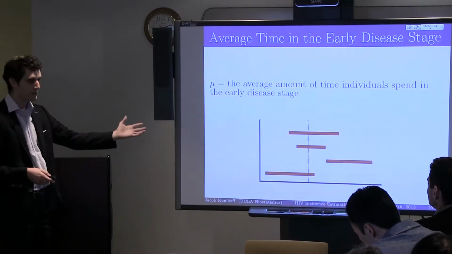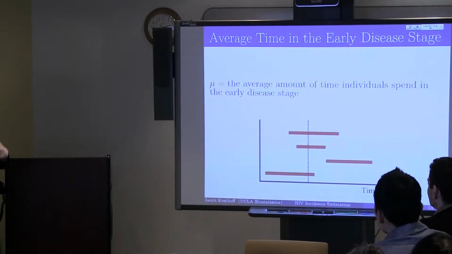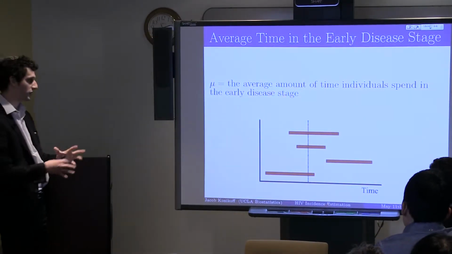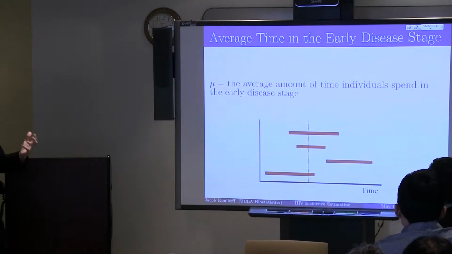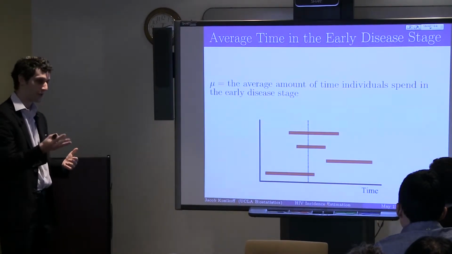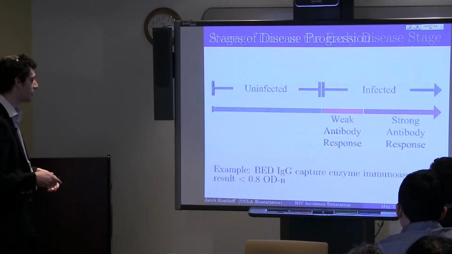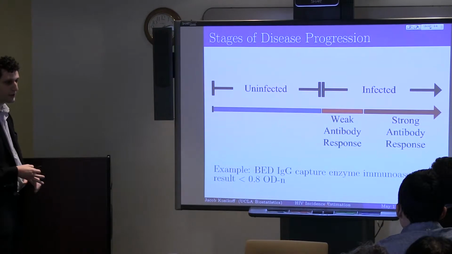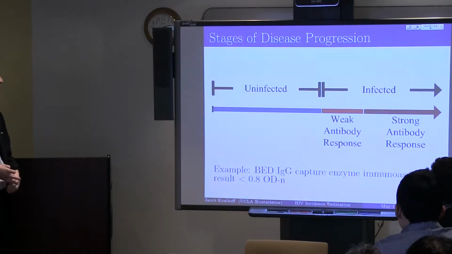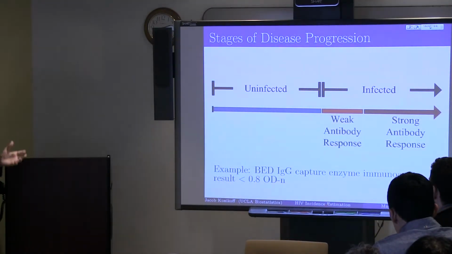The thought was maybe we can just redefine what we mean by this early disease stage in order to lengthen how long people are spending in that stage, and that will allow us to still use this method. And that's where the detuned assay came in, or what became very popular was this BED IgG capture enzyme immunoassay.